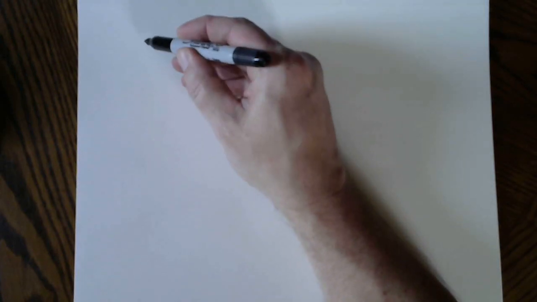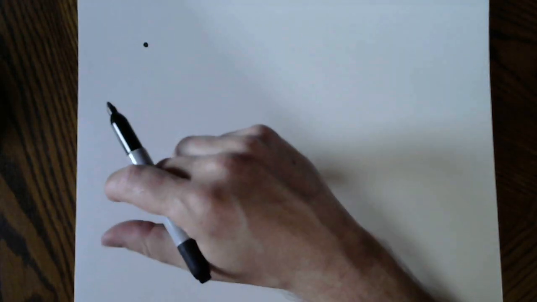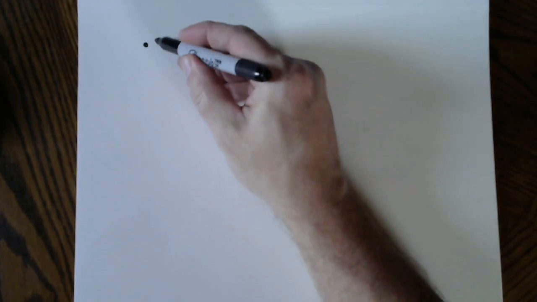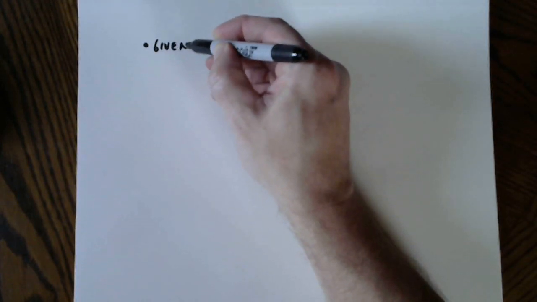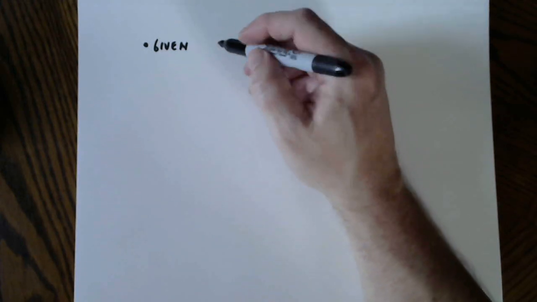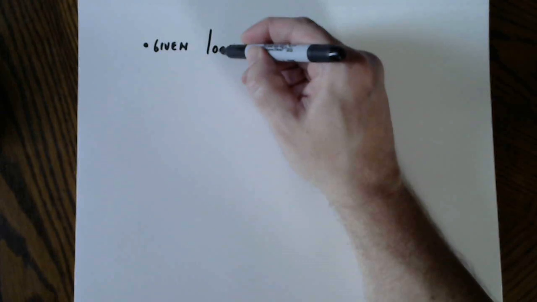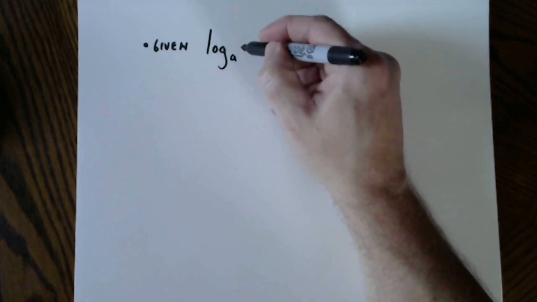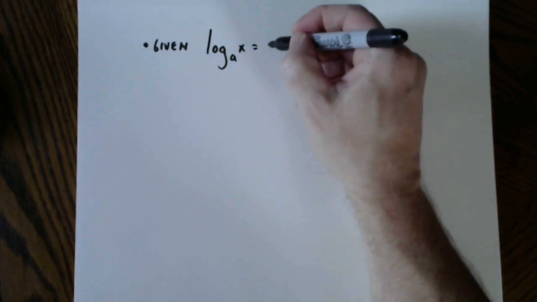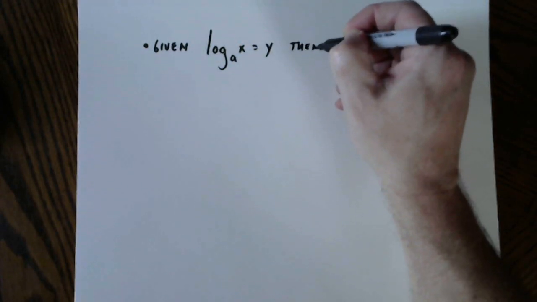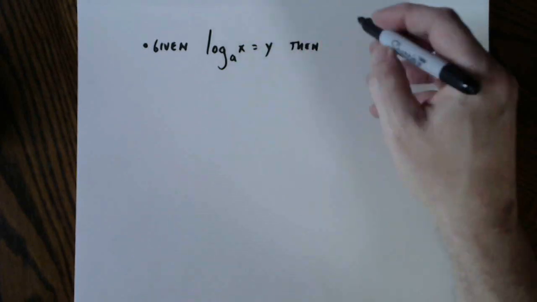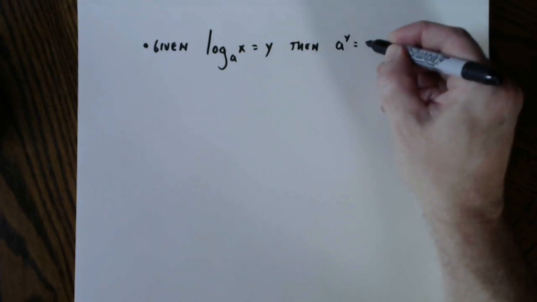So just add this note. This is sort of combining the definition and what we just discussed. And this might seem like a little overkill, but given log base a of x equals whatever this number happens to be, y, then of course the base to the exponent is the argument.